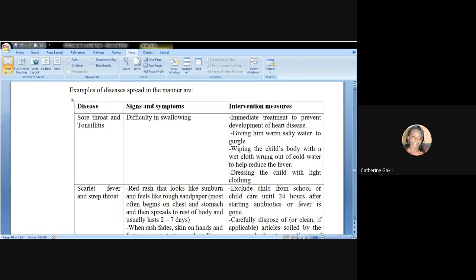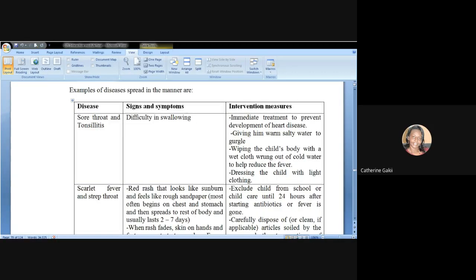But your tonsils are sick. So when they are sick, we call it this. The symptom that you get when you have sore throat and tonsillitis is difficulty in swallowing because there is pain. If you're inflamed, there is pain.